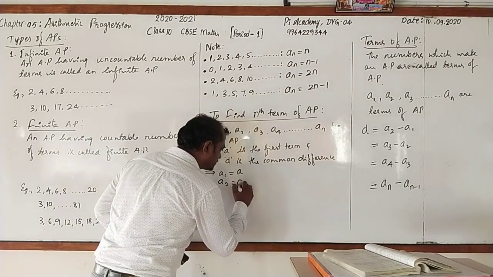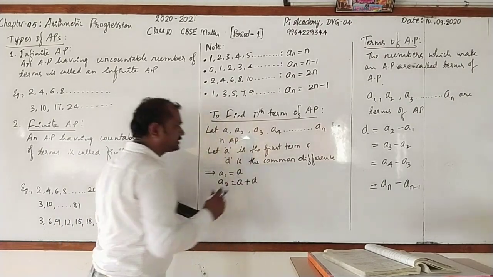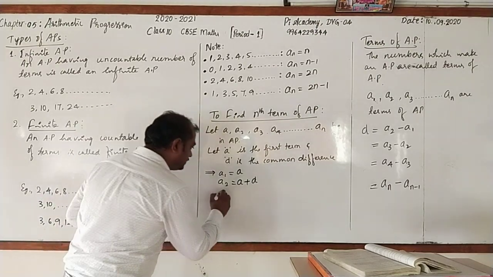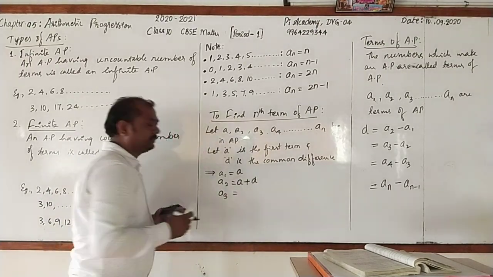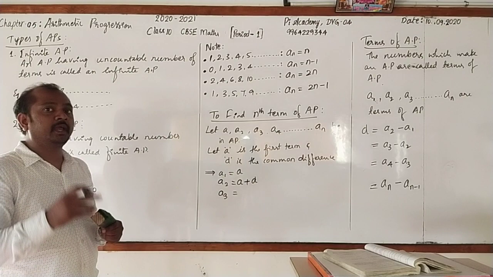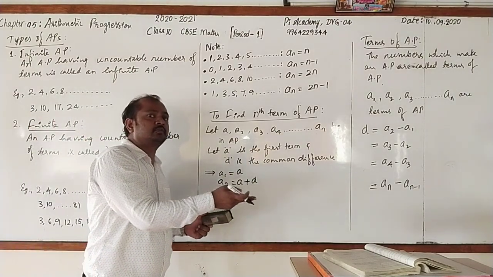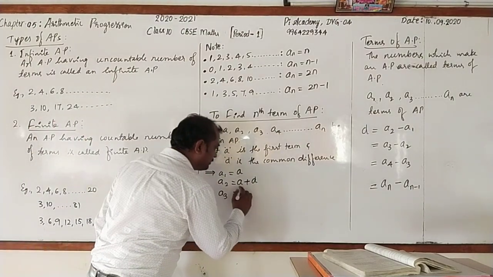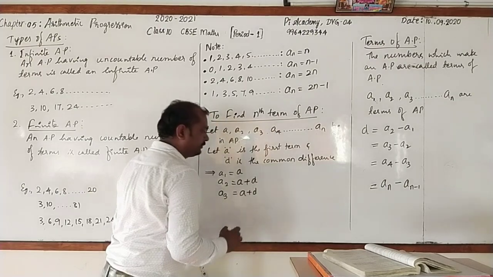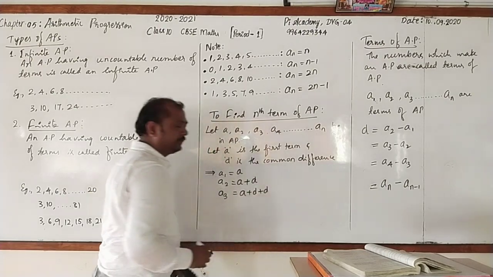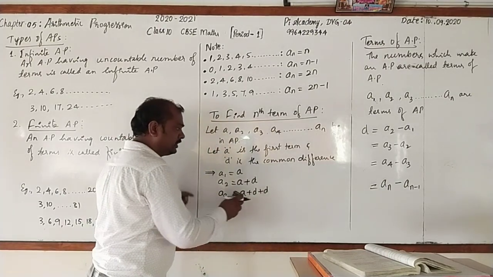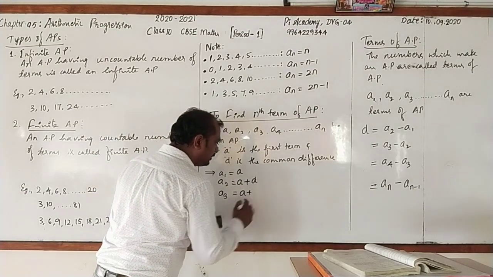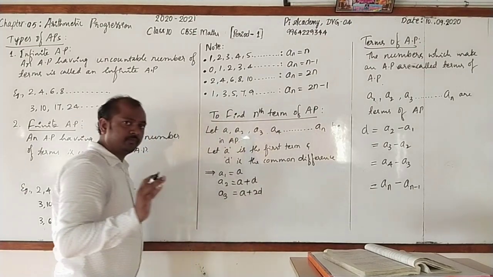Hence we can write, first term is a, common difference is d. Next, a3. The third term is obtained by adding the common difference to the second term. The second term is a plus d, and we have to add the common difference to it. Then what is d plus d? It will be 2d. Followed?